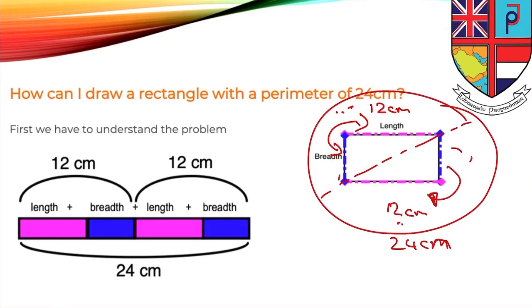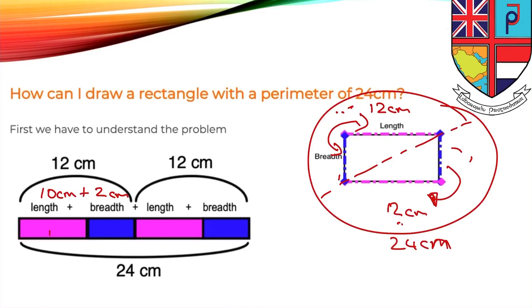And probably the simplest one is 10 and 2. So our longer side should probably be 10, and our shorter side will be 2 centimeters. Let's use centimeters.